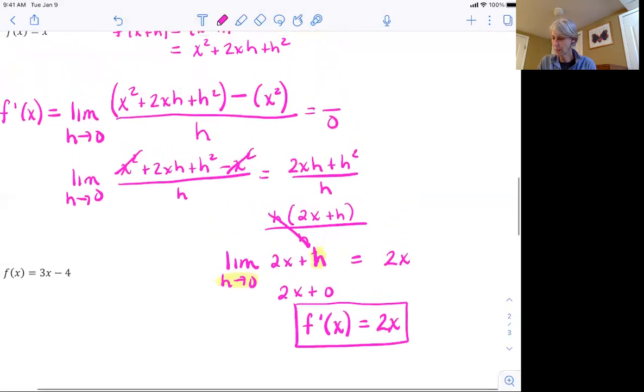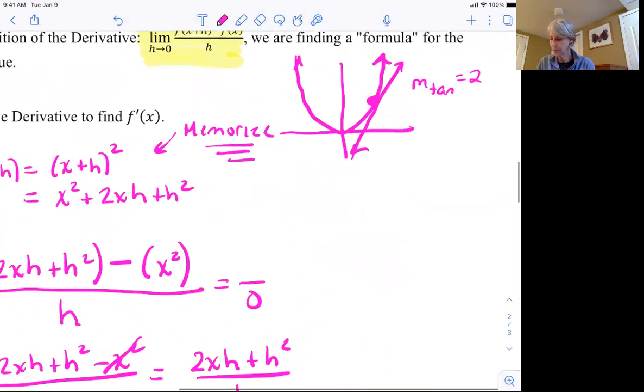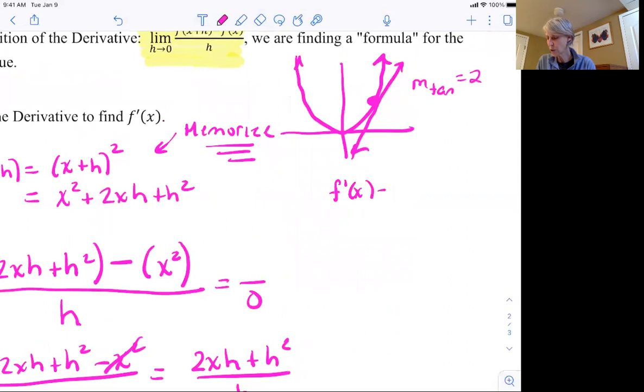If I go back up here, if I know f prime of x equals 2x, if I want the slope of the tangent line when x equals 1, I can just plug 1 into this rule, and that's my slope. So this formula now, this answer is a rule to find slopes. What if I wanted the slope at -1?